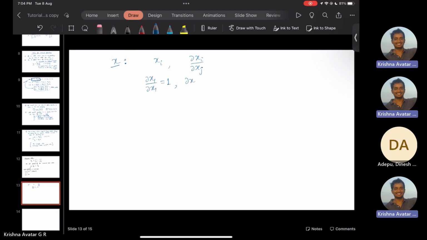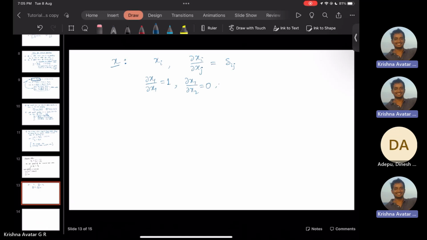However, since the components of this particular vector are not dependent on one another, if we take partial x1 with respect to x2, then it gives a value of 0. And this will hold for all the other dissimilar indices on the numerator and denominator sides. So again, this very much fits the pattern of a Kronecker delta: if its derivative is with respect to itself, it gives a value of 1, otherwise it gives a value of 0.